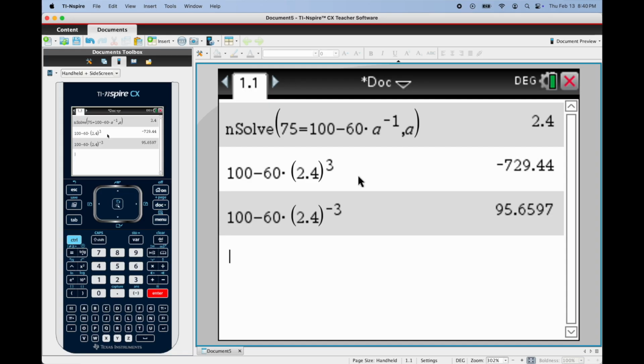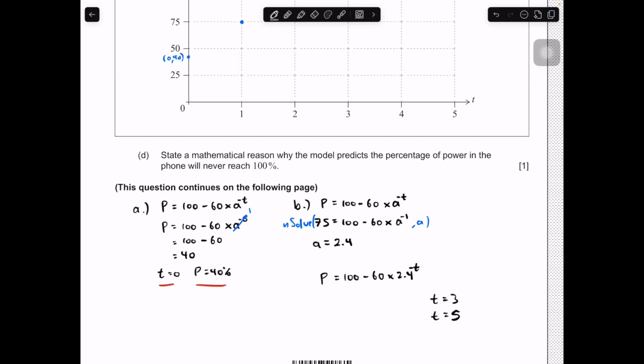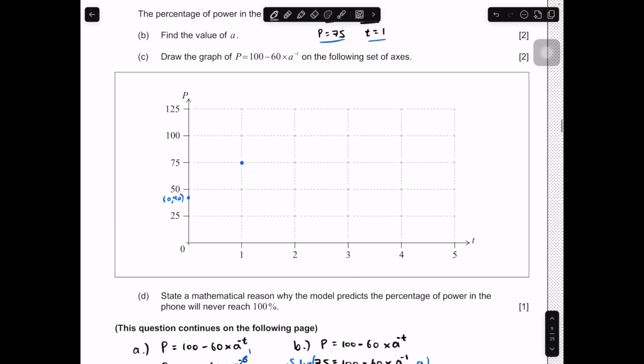There we go. So when t is equal to 3, we have a value of 95.66. So I'm going to write that out here. T is equal to 3, p is equal to 95.66 or so.